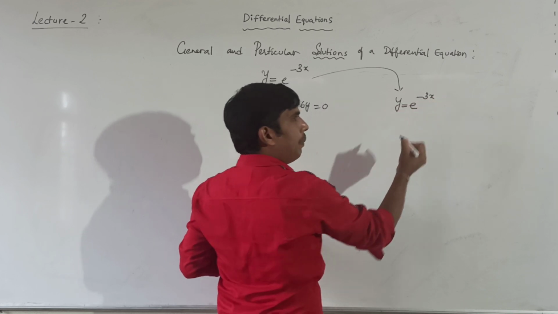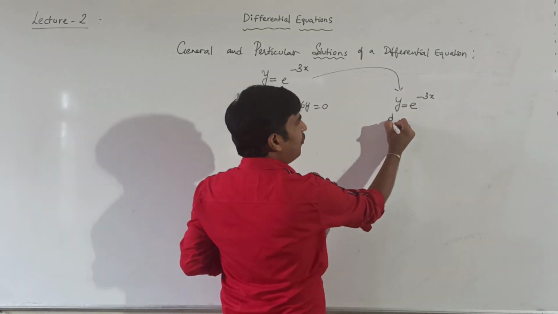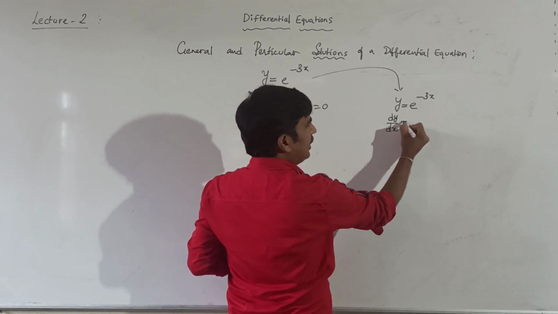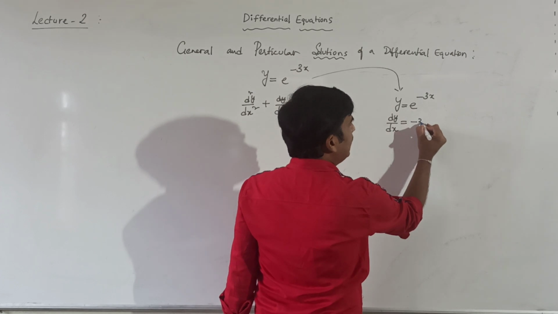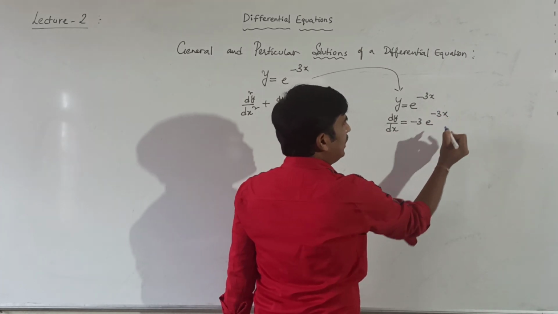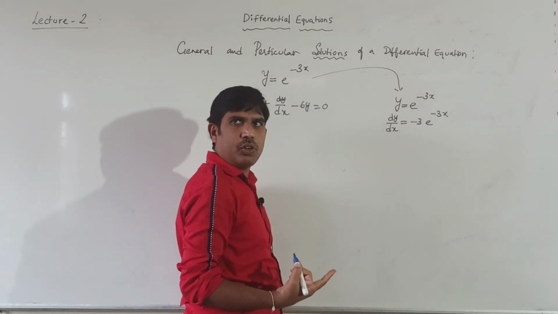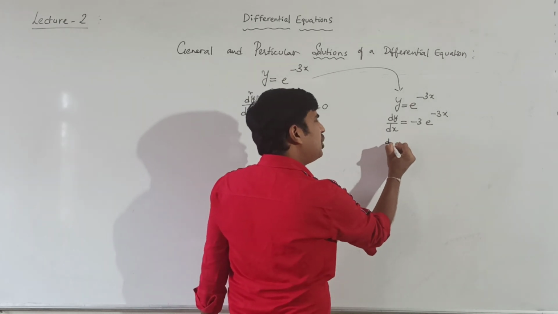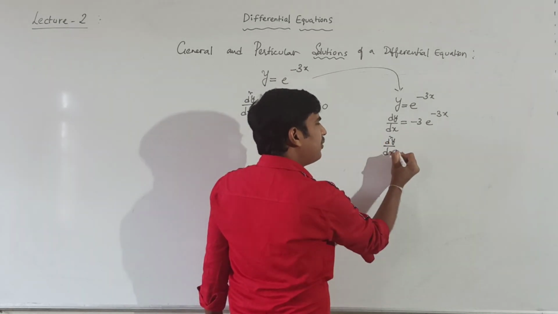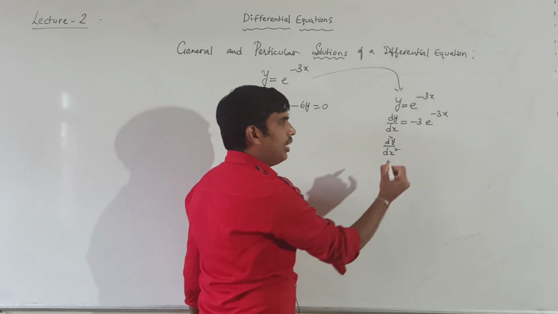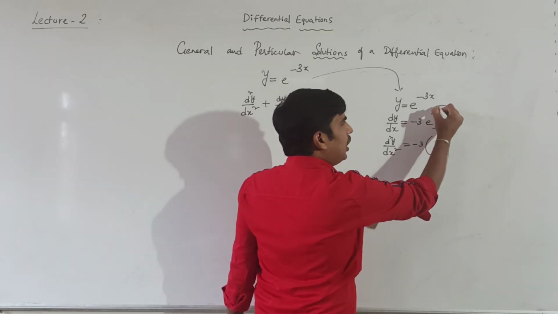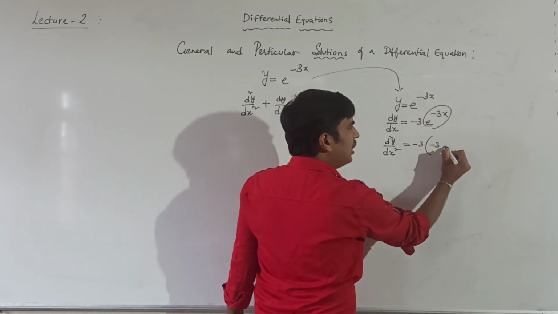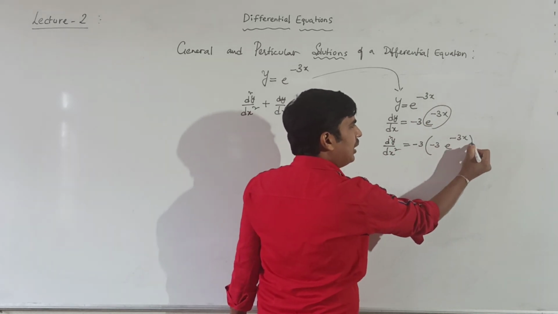So y is equal to e power minus 3x. Then differentiate: dy by dx, what is the derivative of e power minus 3x? Minus 3 e power minus 3x. Then differentiate again, d square y by dx square: the constant is minus 3, and again the derivative of e power minus 3x is minus 3 e power minus 3x.